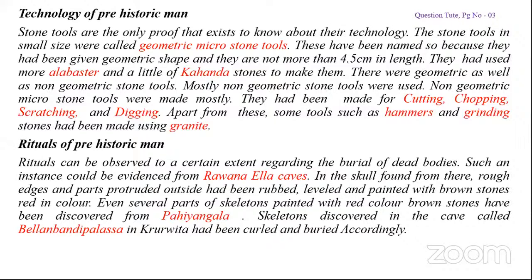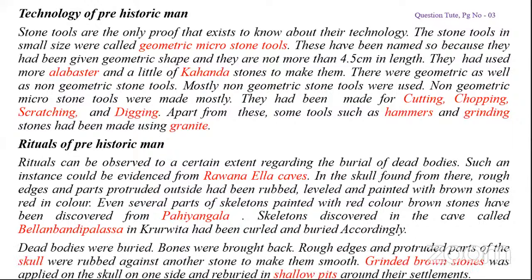The next one is: dead bodies were buried, and bones were rubbed against another stone to make them smooth. Ground brown stones were placed in shallow pits around their settlements, right? So this is the answer for the rituals of prehistoric man.